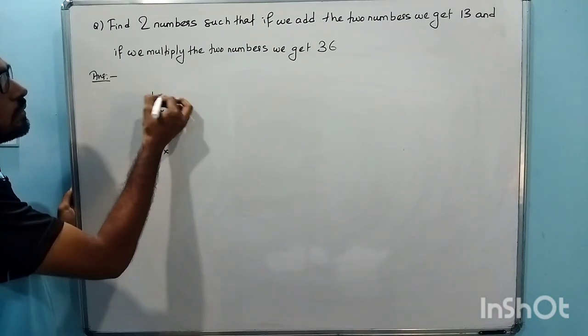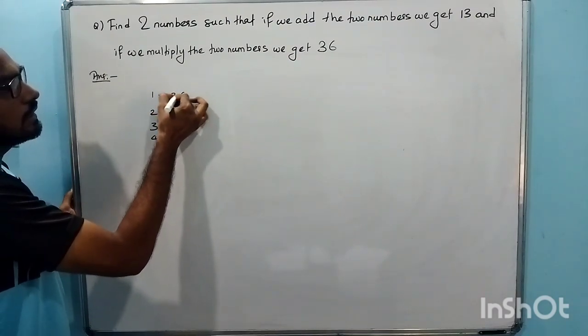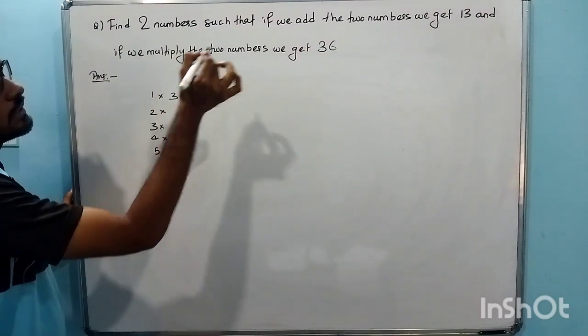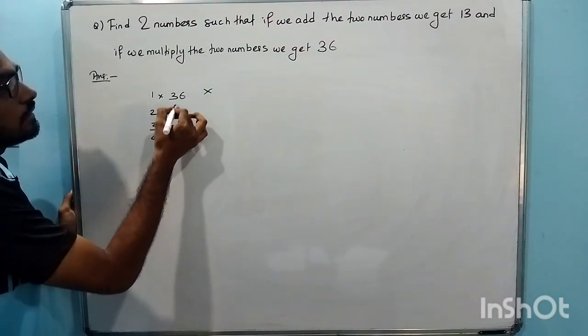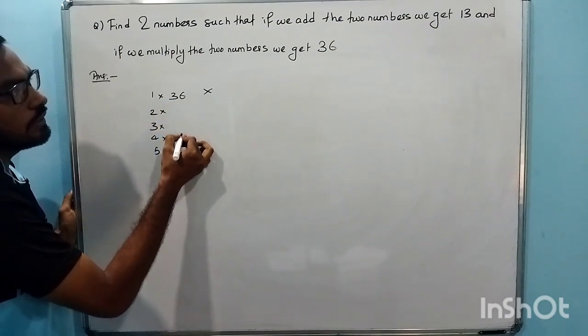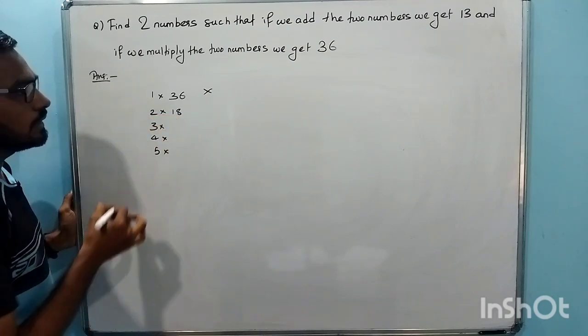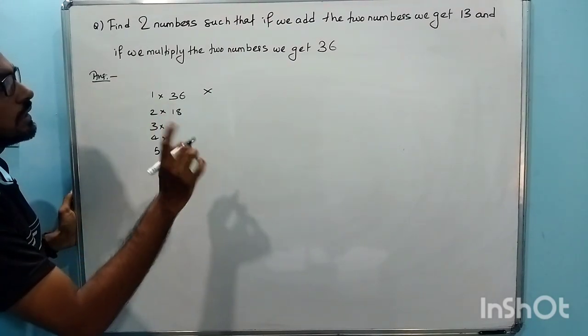Divide 36 by 1, which is 36 obviously. Now check: 36 into 1 is 36, but 36 plus 1 is not 13. So we can't take this. Then divide 36 by 2. You will get 18. Now 18 into 2 is 36, but 18 plus 2 is not 13.